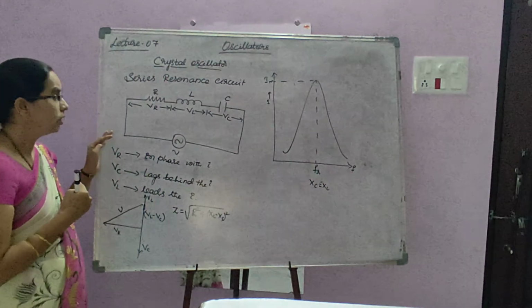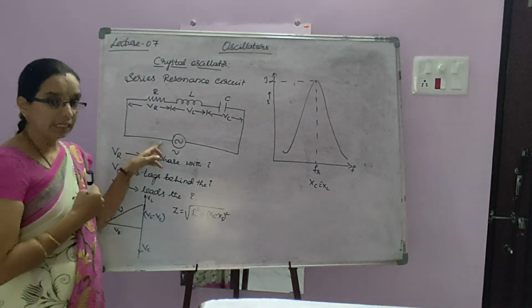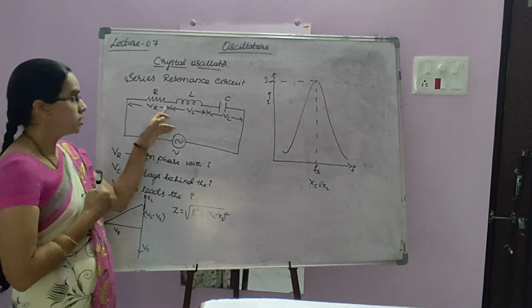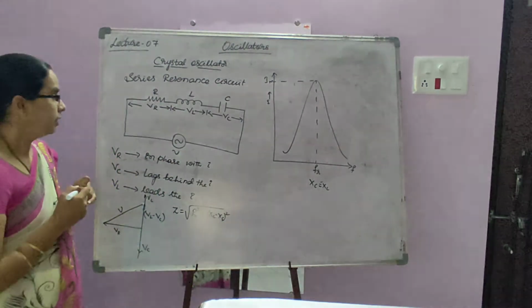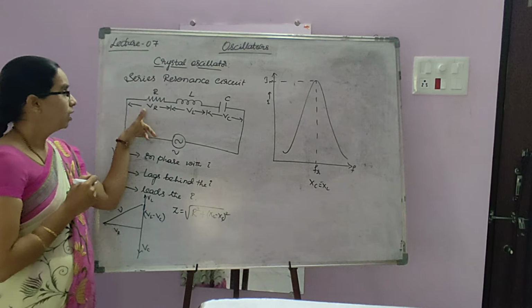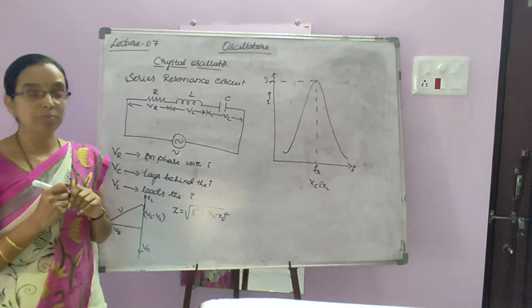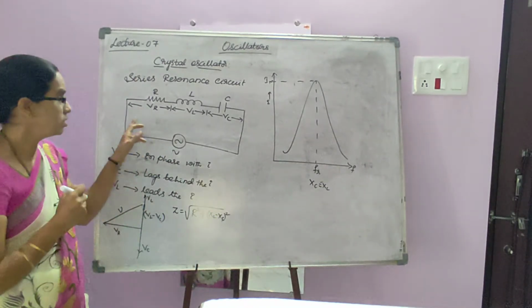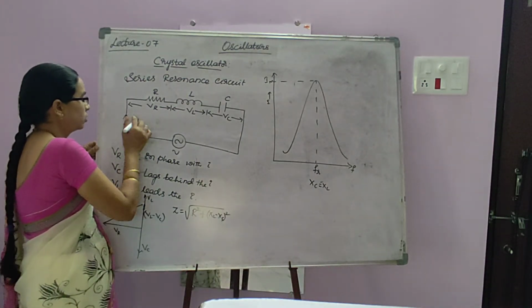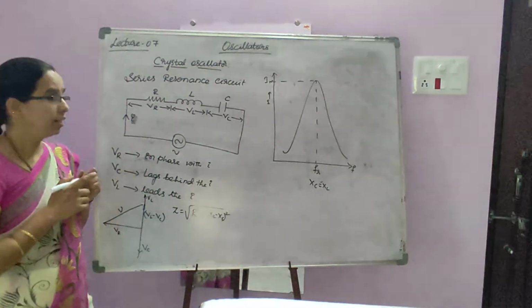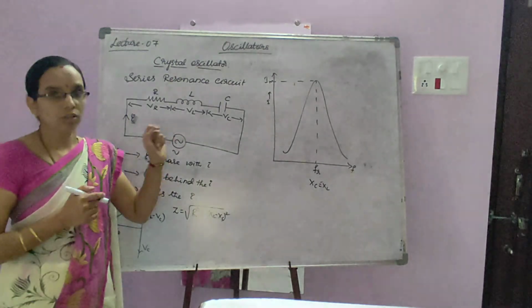Here in this circuit, I am going to apply an AC voltage to the series combination of R, L and C. Here we know that the voltage across R will be in phase with the current because it is a series combination. The same current I flows through all the components.